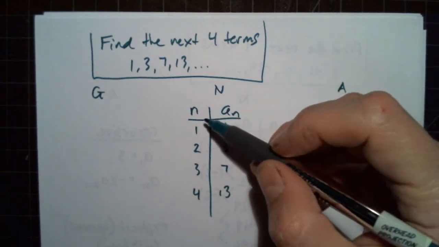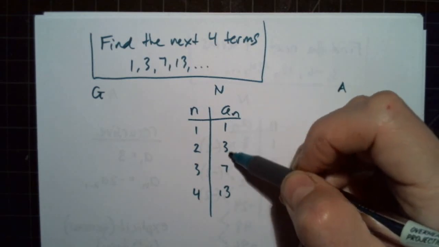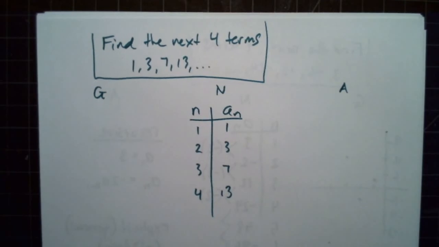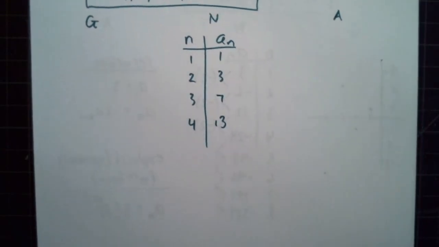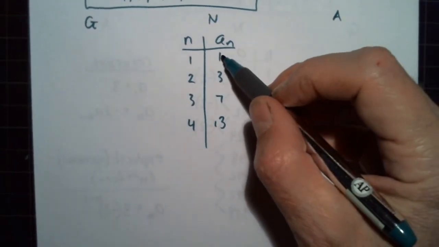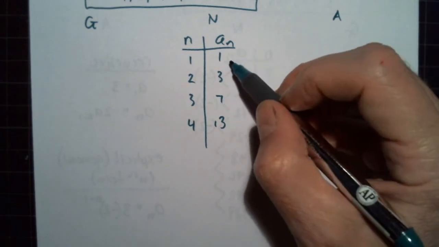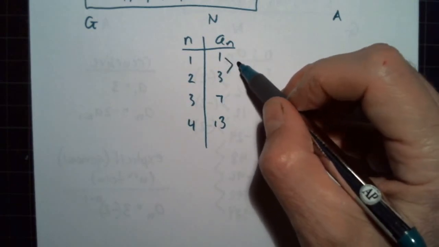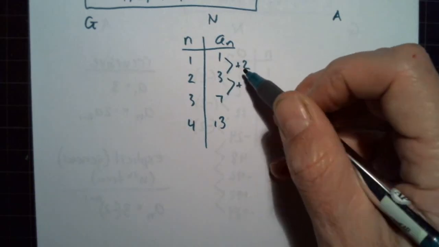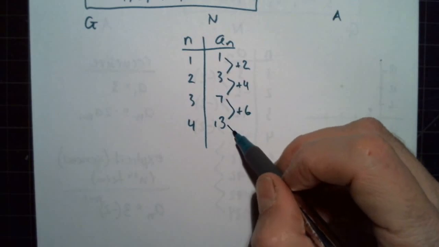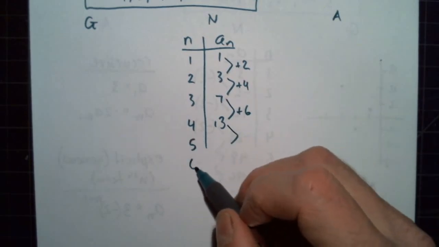Alright, so we have the terms a sub n. And we need to find the next four terms, so we look for a pattern. And we could say this is plus 2, plus 4, plus 6. Well, that looks like it's a good enough pattern. Plus 2, plus 4, plus 6. And then that will allow us to find the next four terms.